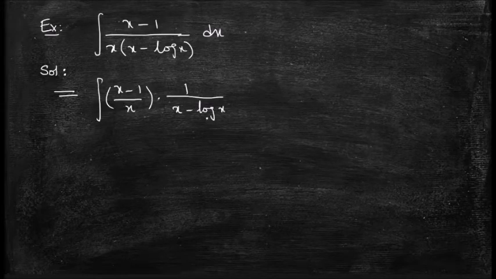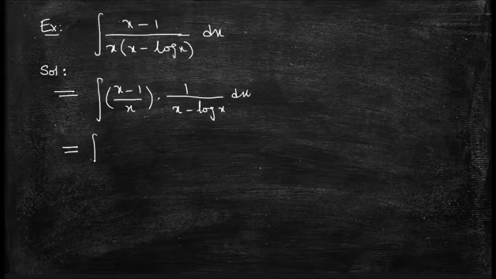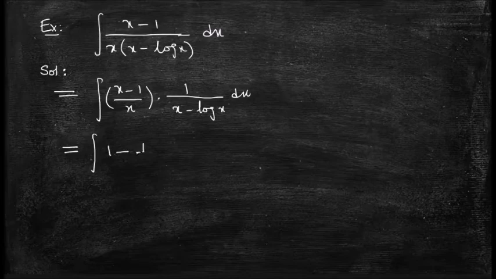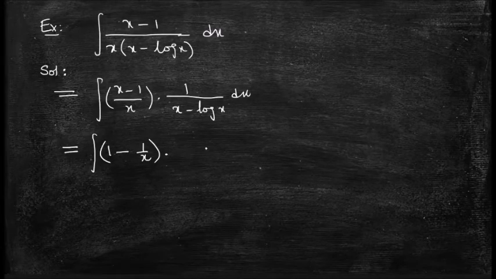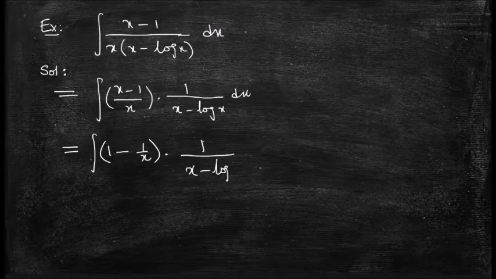I am writing like this. For solving, it will be easy for me to do. So that's the reason why. One more step I am writing for this. x by x is 1 minus 1 by x into 1 by (x minus log x) dx.